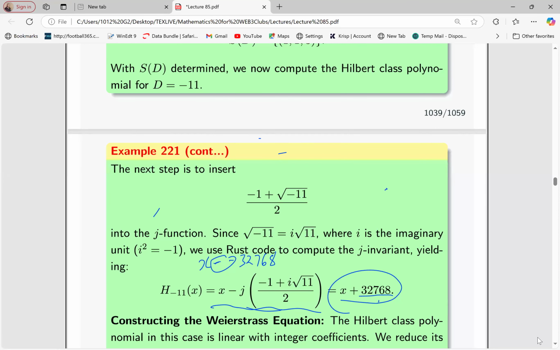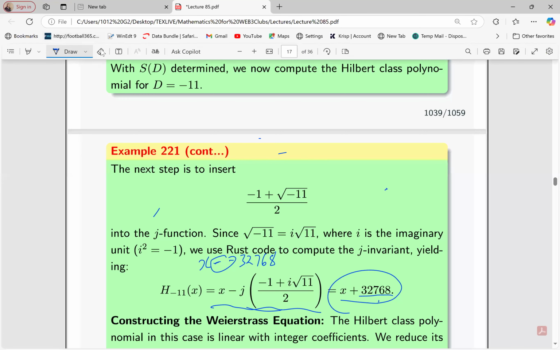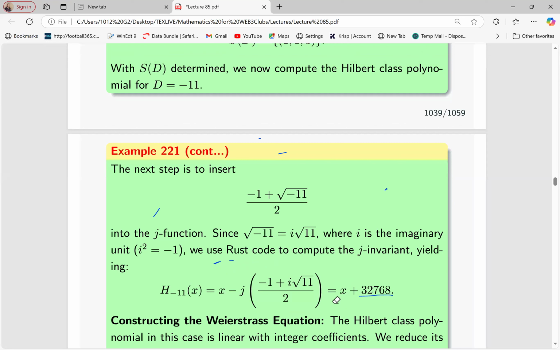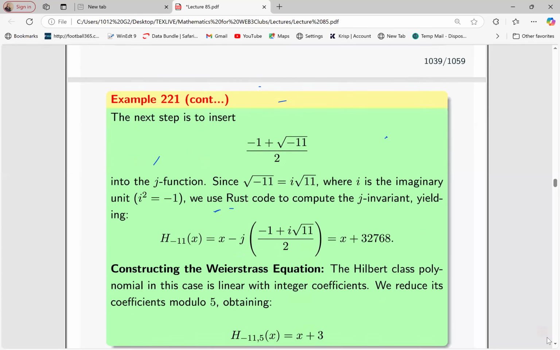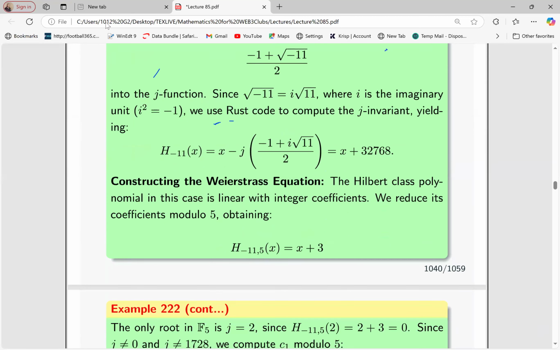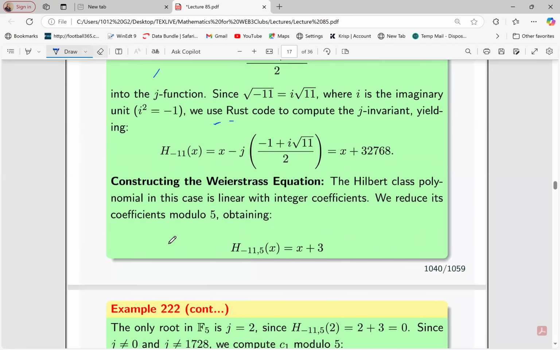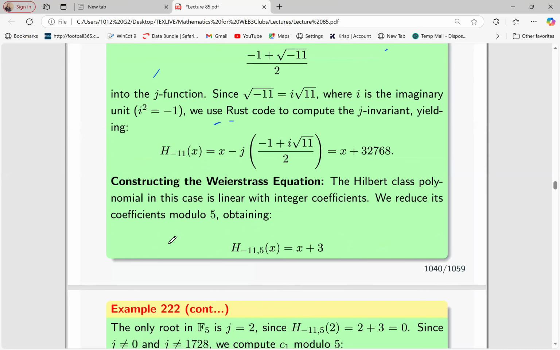What is important here are these coefficients, the coefficient of X and this 32,768, because I want to reduce them mod 13. If 13 were to go here, the remainder would be 1. If 13 were to go here, the remainder would be 3.